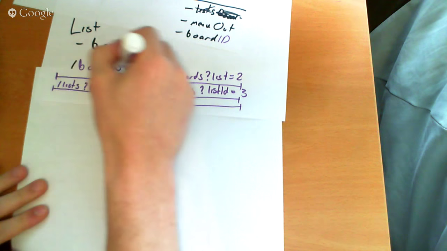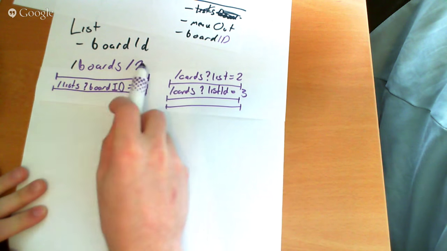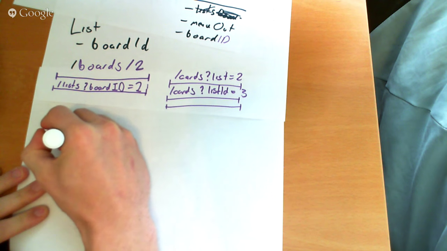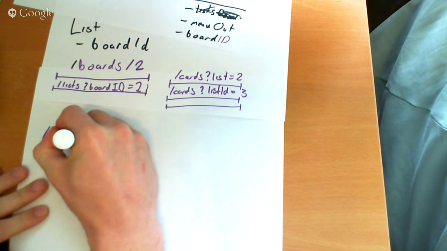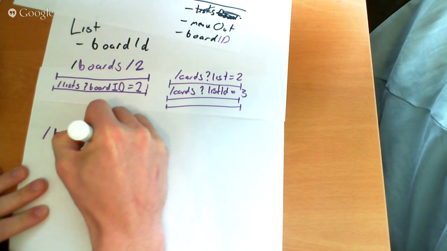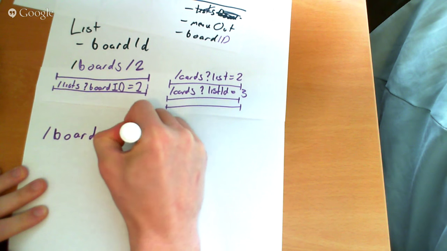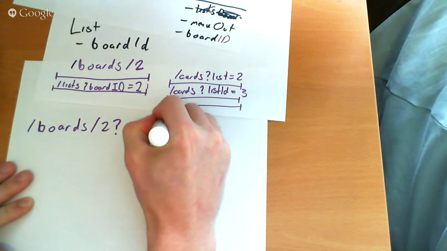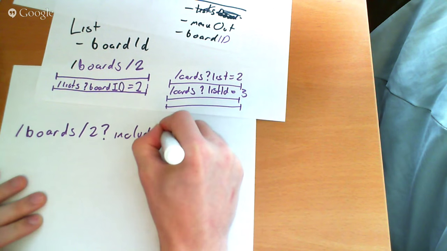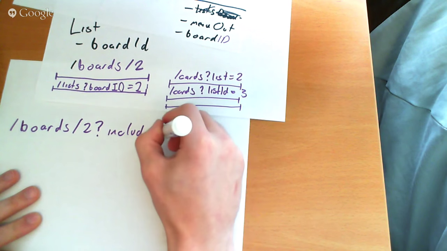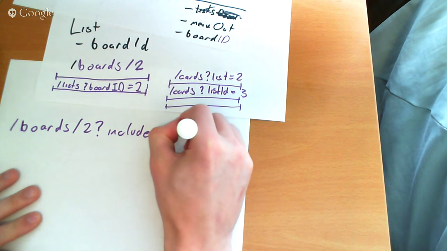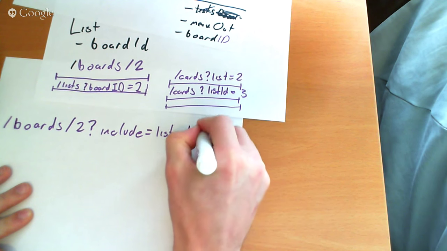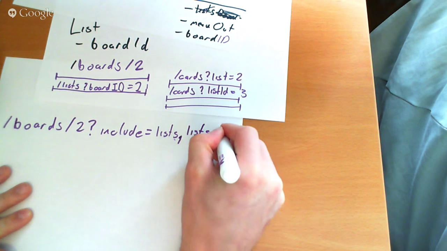So instead, the request here for boards 2 might actually look more like boards 2, but then say include, and then it might say lists, and then might also have lists.cards.